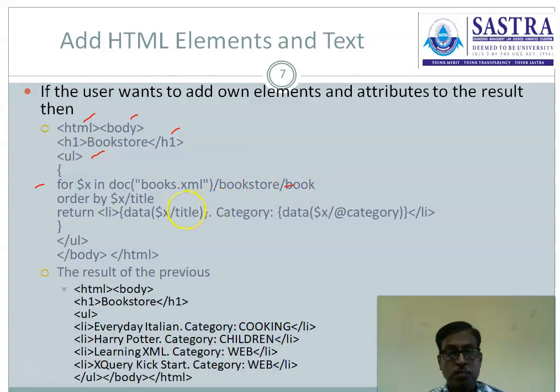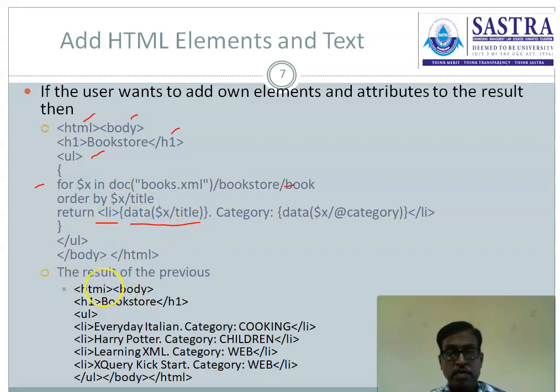See, another important point, the li HTML tag is included in the result. This is the result display: data of title, whatever content is available in the title tag, is displayed using the data function, and then displayed using the li tag.